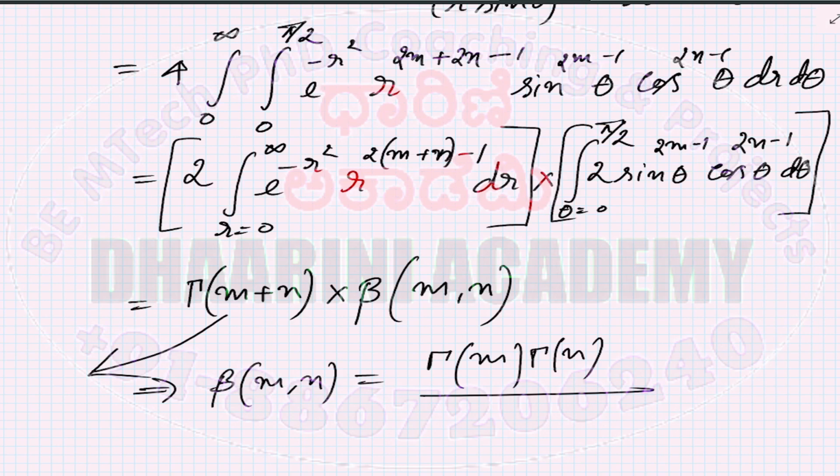Okay, so that means this is equal to gamma of m into gamma of n over gamma of m plus n. All right, so that is our answer. So property number 3 also we have proved.